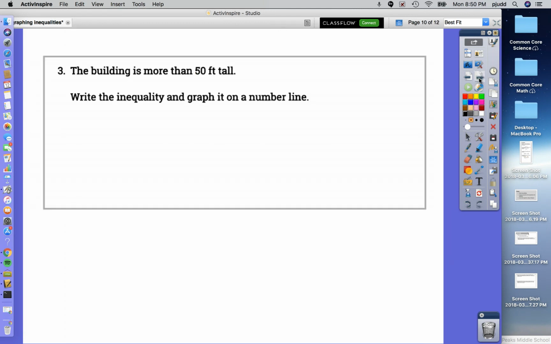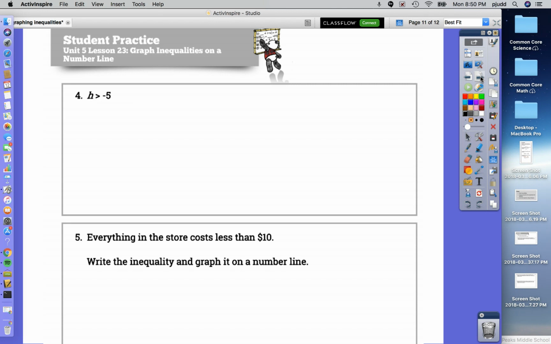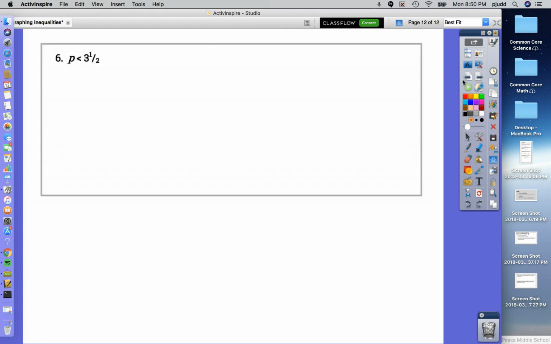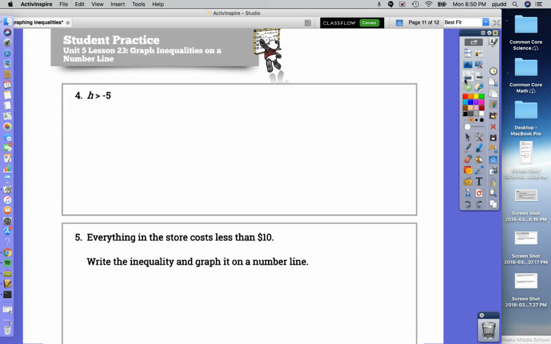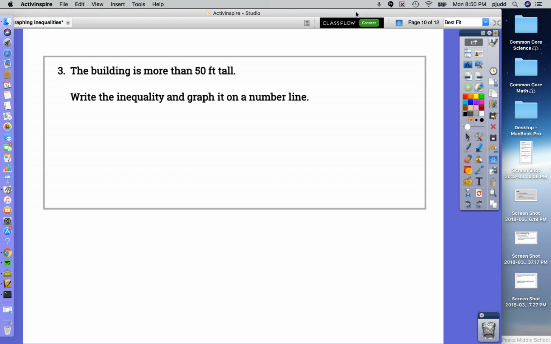Okay. The next one. The building is more than 50 feet tall. Write the inequality and graph it on the number line. So you have 3, 4, 5, and 6 remaining.